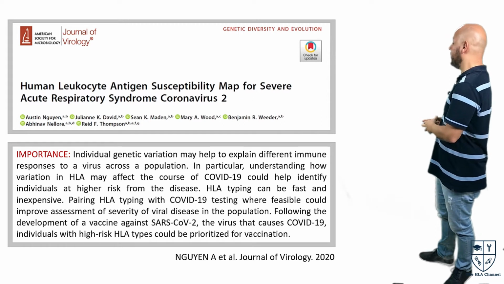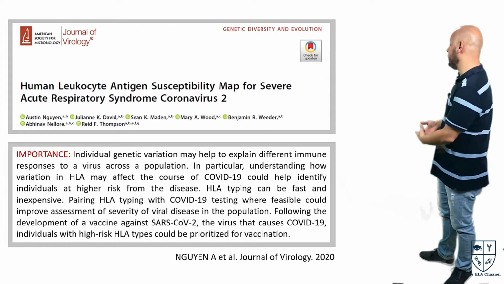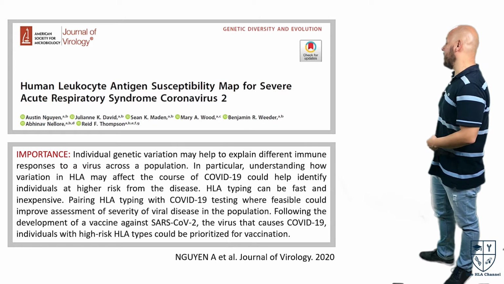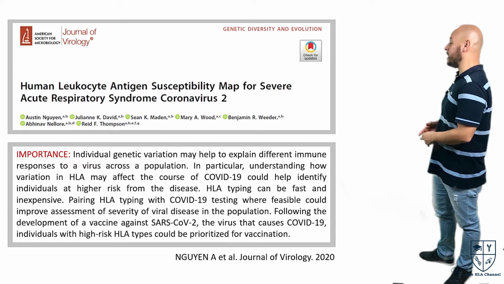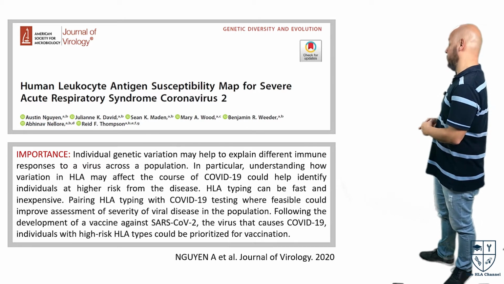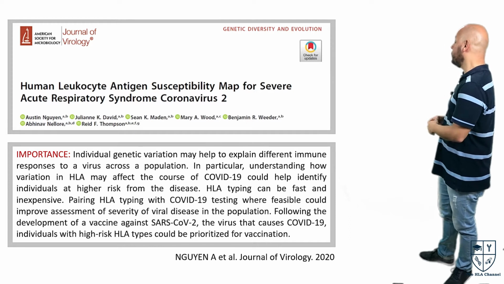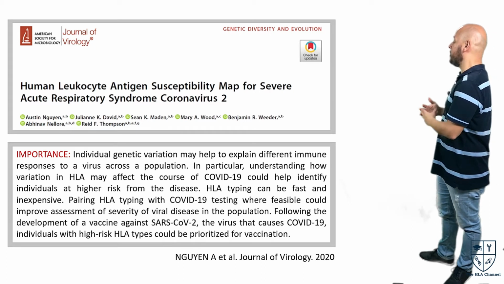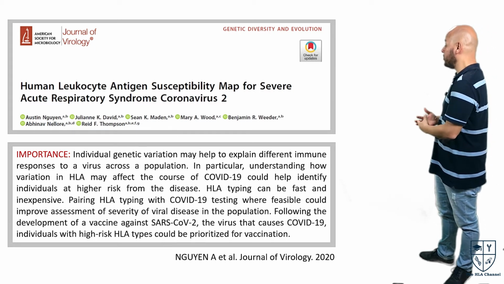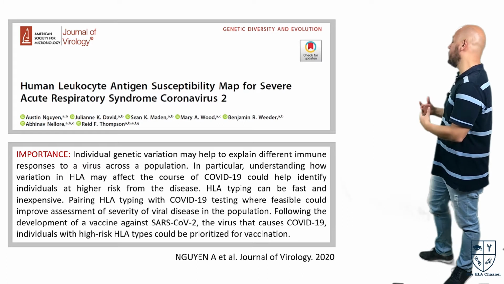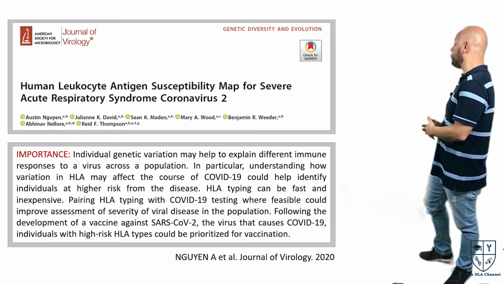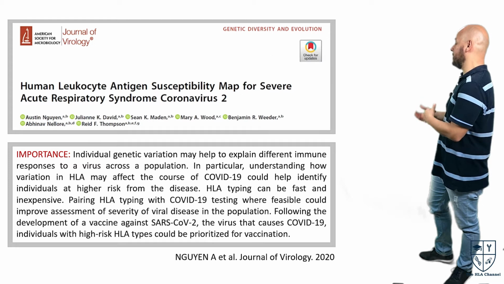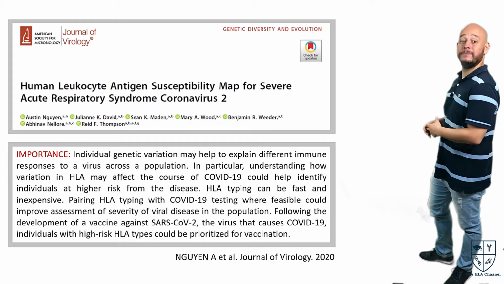HLA typing can be quick and inexpensive. Correlating the HLA typing with the COVID-19 test, when feasible, can improve the assessment of the severity of viral disease in the population. After development of a vaccine against SARS-CoV-2, individuals with high-risk HLA types could be prioritized for vaccination.